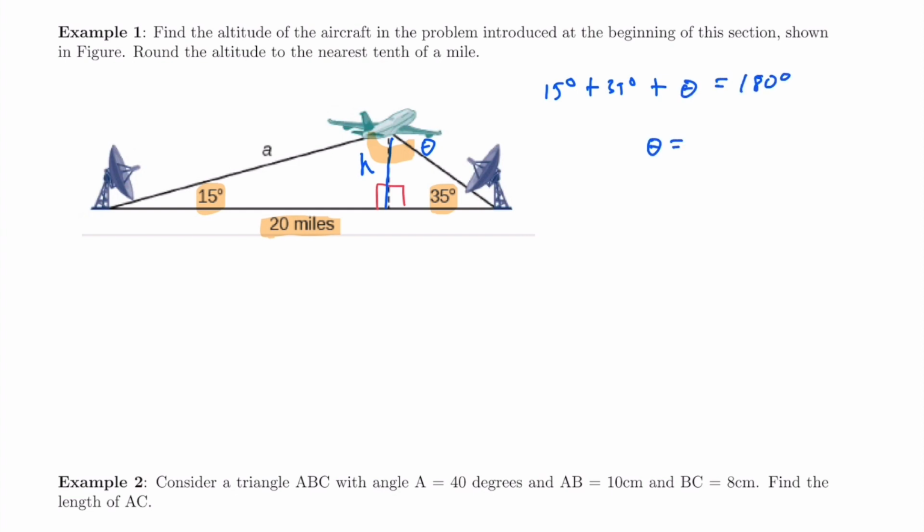So theta is 180 minus 15 minus 35, which gives us 130 degrees. So we know all three angles now. Once we know the three angles, we can use the law of sines to find the other length because we know the ratio. So, how do we find this?